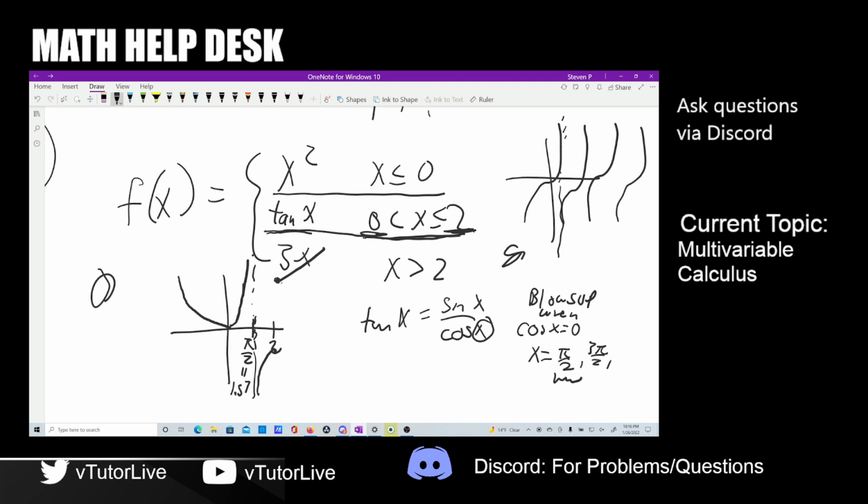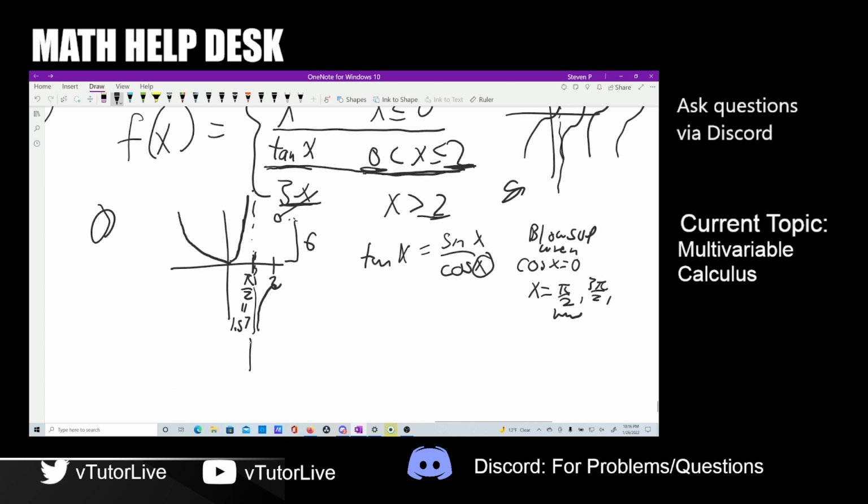And this height in particular is going to be 6, because 3x takes over when x is greater than 2. So it just starts right when x is equal to 2, at height 6. So for this problem, I would say there are two discontinuities: this asymptote and this jump discontinuity.